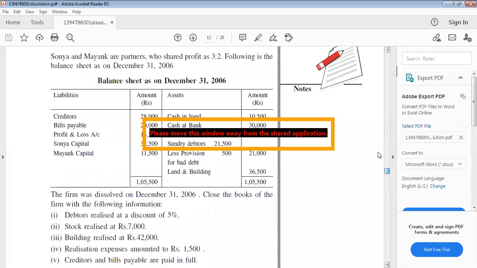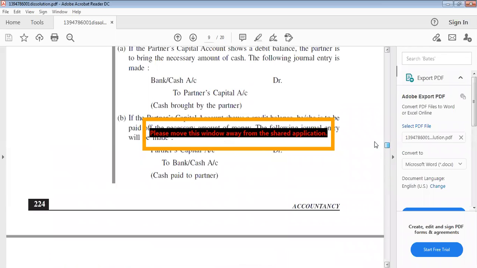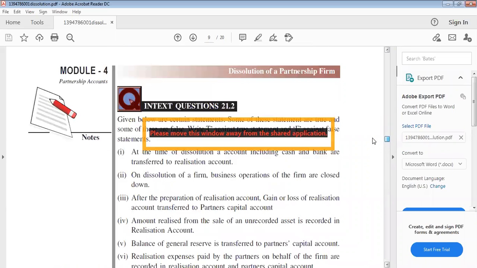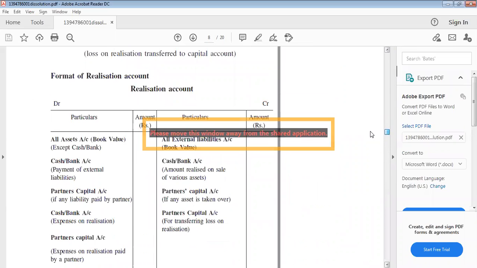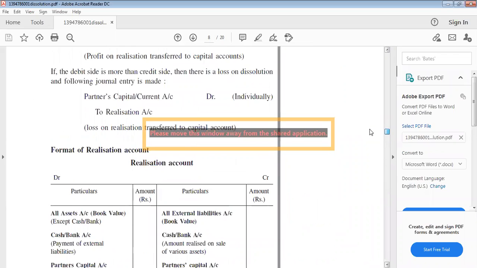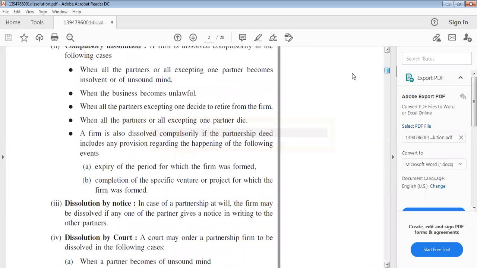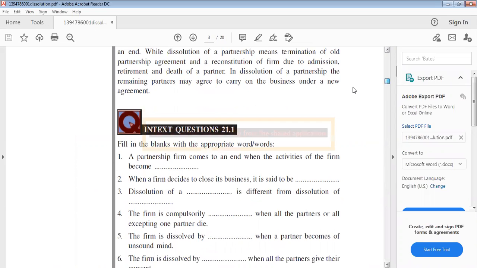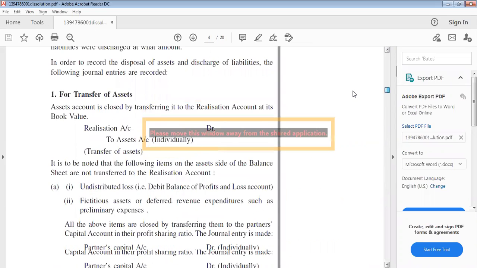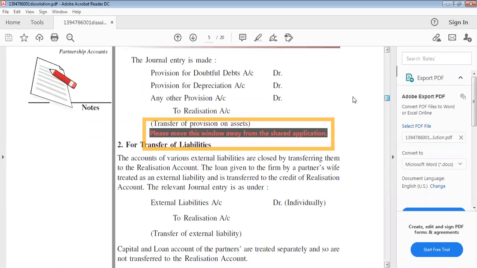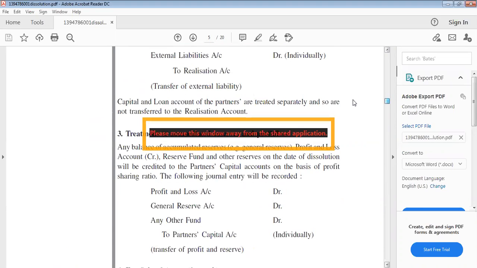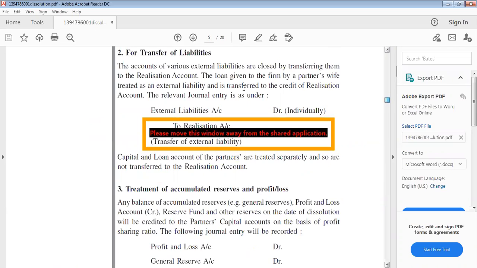All I'm doing, remember, is following the steps that should be followed. Just to remind you, that was the first step. Then the next step now would be that amounts of various external liabilities are closed by transferring them to the realization account.